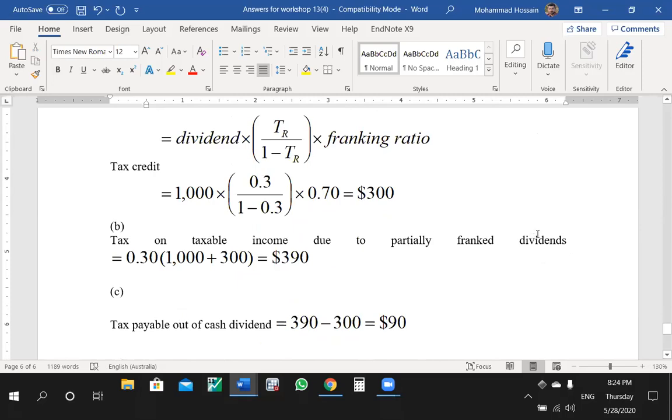The tax for $1,300 is $390. How much did the company pay? 300. How much does he need to pay now? 90. Done. What tax, if any, is payable by the individual out of the cash dividend payment received? We showed you, $90 cash he needs to pay.